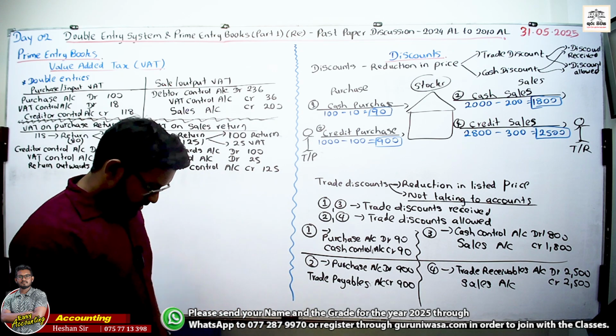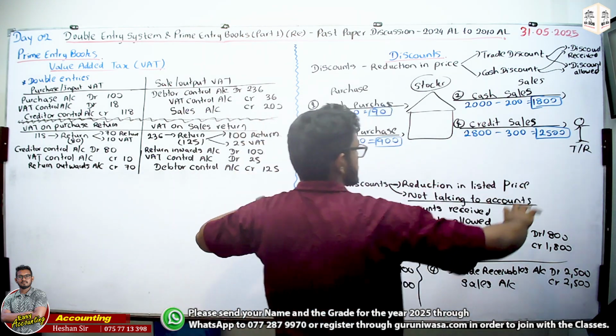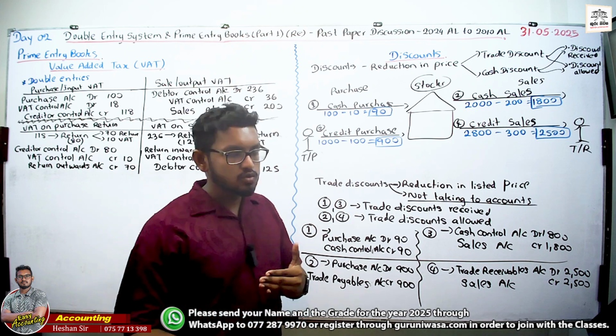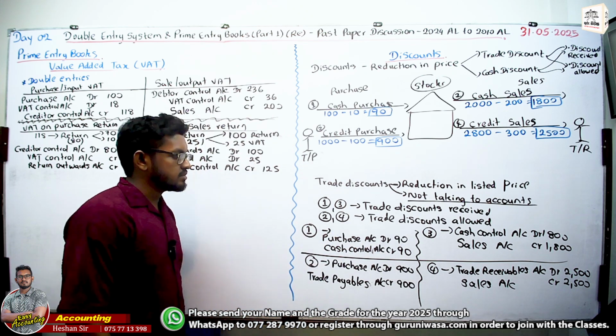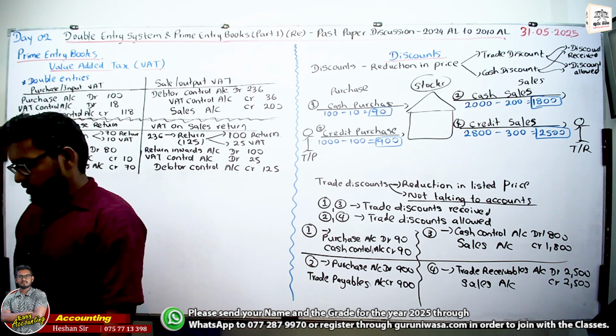Now, cash discounts only can happen with the credit purchase or credit sale. With the cash discounts can be there or only the trade discounts or anything, right? Once you finish, raise your hand.